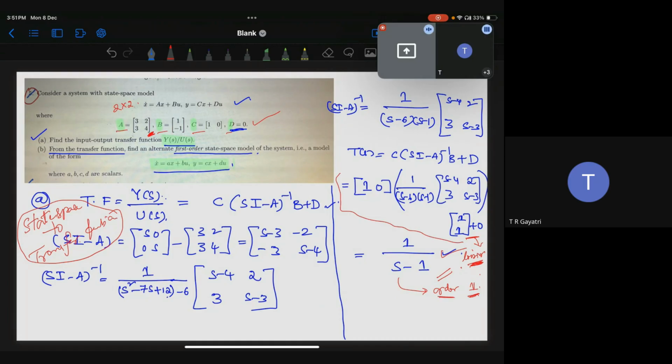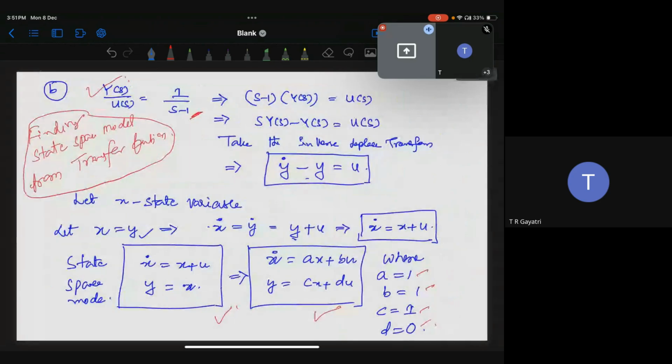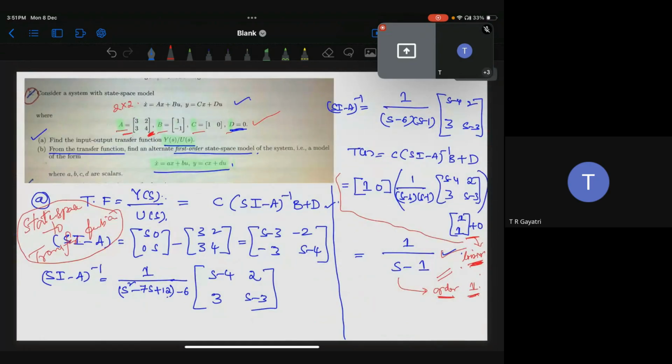That's why we end up with order 1. So that is one reason. When we go from this transfer function to this state space, we are not getting the same given matrices. This means that for a given system, the state space representation is not unique. You can have different ones.